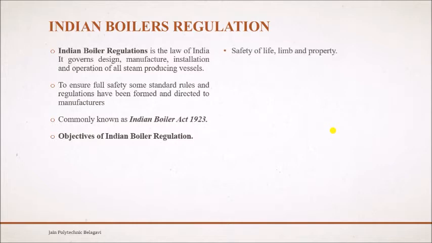The main objective is the safety of life, limb and property. These boilers work at very high pressure conditions. If they are not maintained properly, they might explode, and when it explodes there will be danger to property as well as life. So these objectives are set by Indian Boiler Regulation.